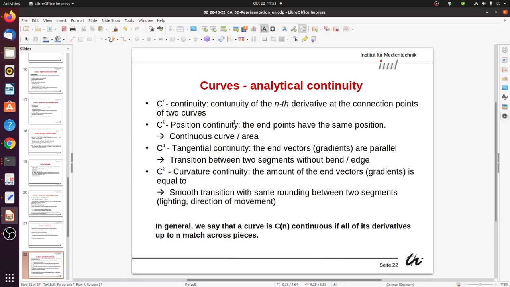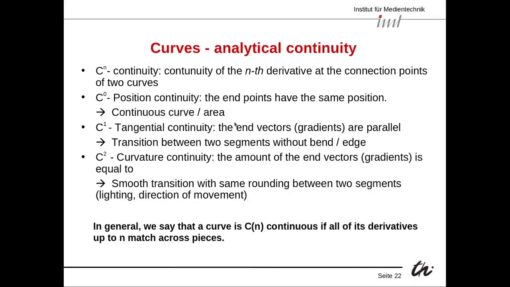So that means if we have the C0 continuity, we have a position continuity. That means we have no jumps where two curves are supposed to connect, right? So the curve is actually continuous. So position continuity. That's the least we want to expect.